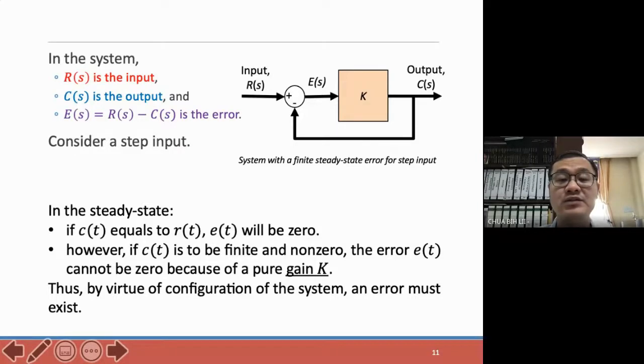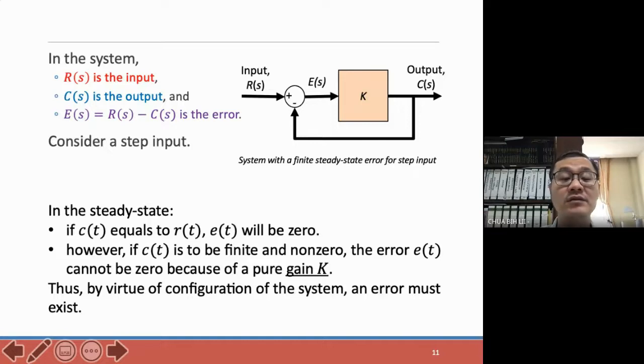This is mainly due to this value, which we call the transfer function's gain, k. k is a constant, probably 1, 2, 3, any number, that adjusts or magnifies the input to the output. We call it a gain, and it may also reduce.